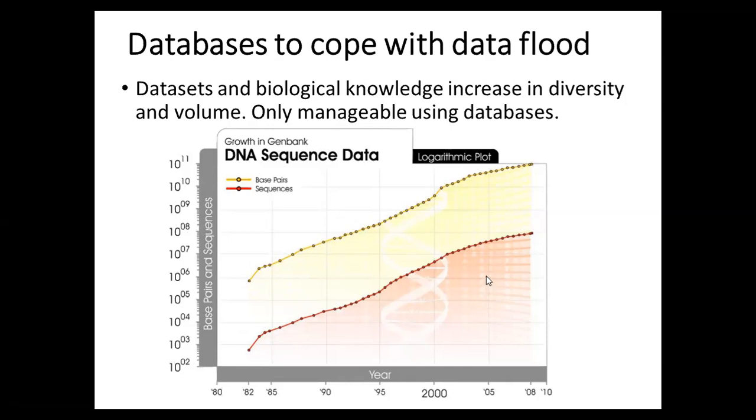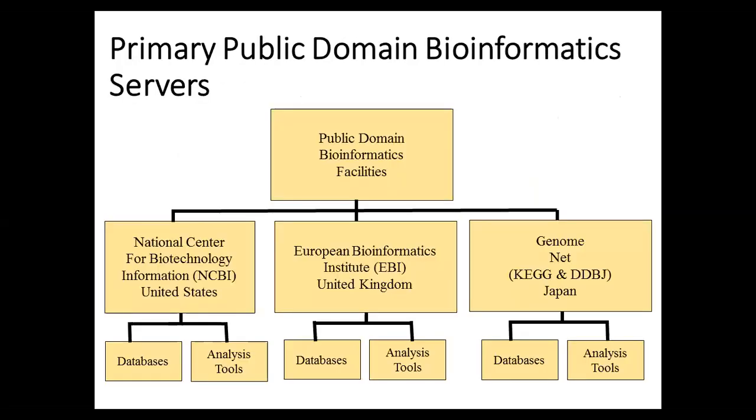So who keeps these databases and how are these databases updated and how is the data analyzed and kept? So that's the next problem. So this is about the public domain bioinformatics facilities available. So there are three main databases hosted by three developed countries in the world: United States, United Kingdom, and Japan. So they are like the kings in the world. Okay.